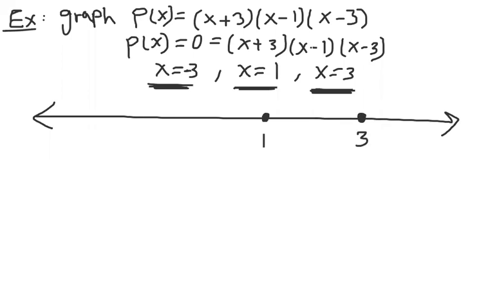here is the 3, here is minus 3. Okay, then we try to find like the sign here is positive or negative, the sign here and the sign here and here also.